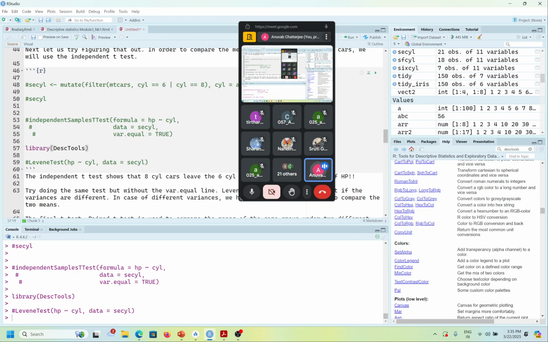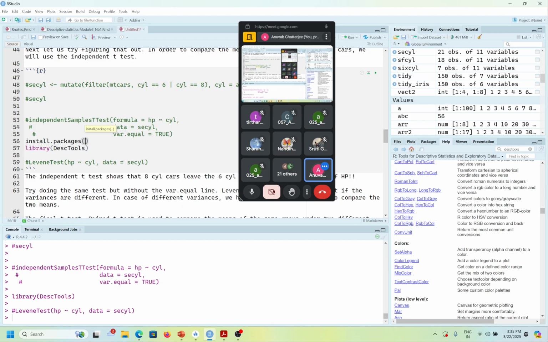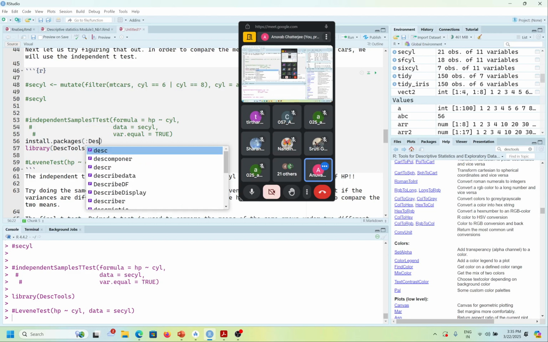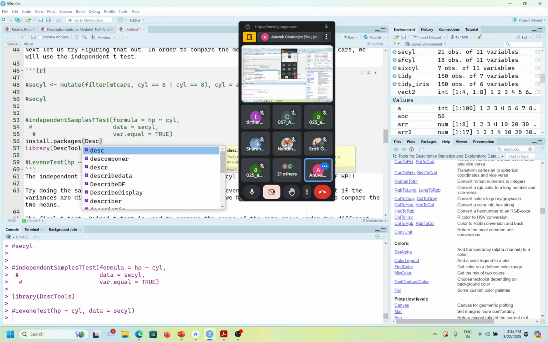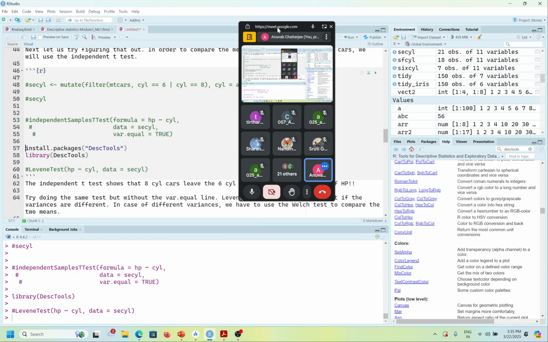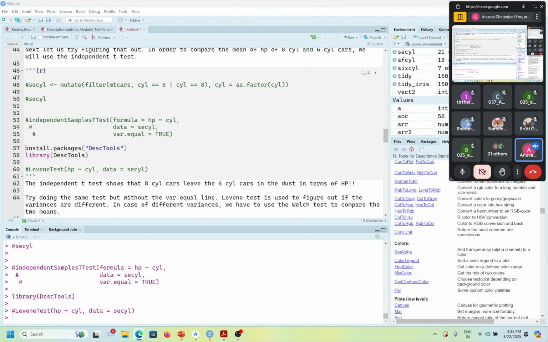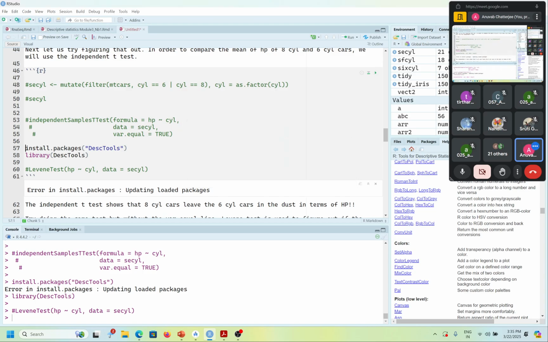You can try installing, I think, the desk tools package. Install package. I think if you do this, it will work. Just install the desk tools package first. Mine is already installed. I think you can try doing that and it should work.